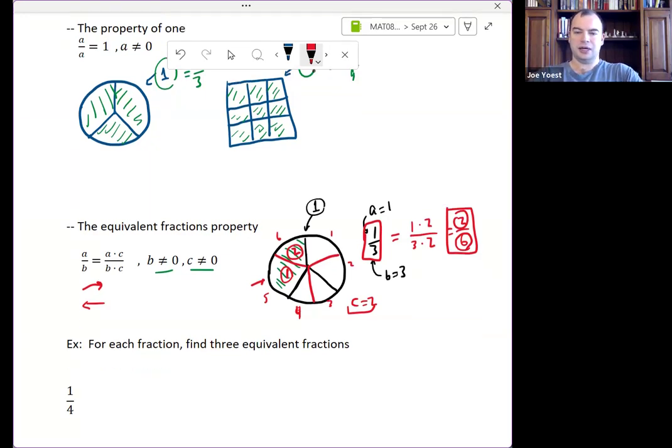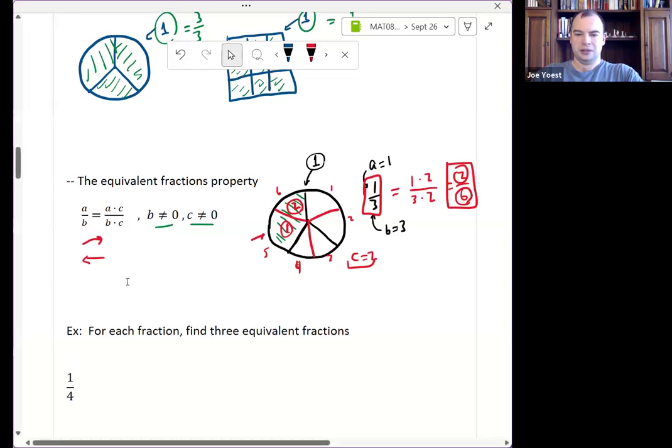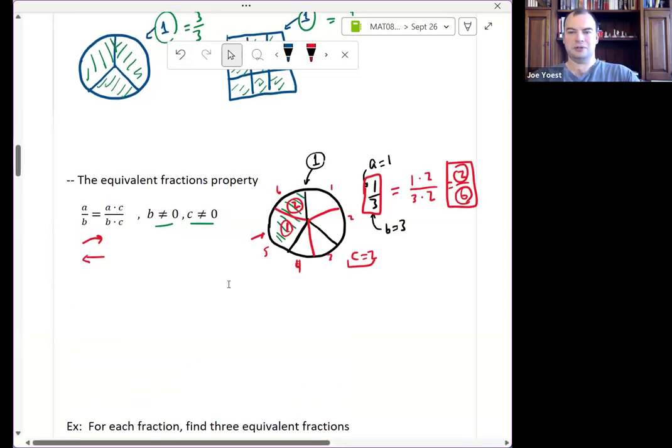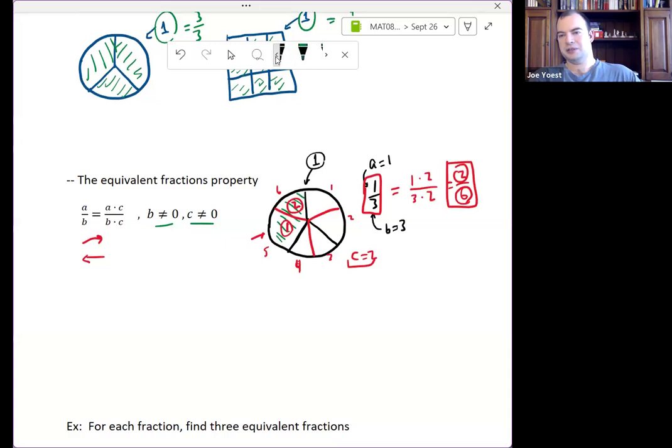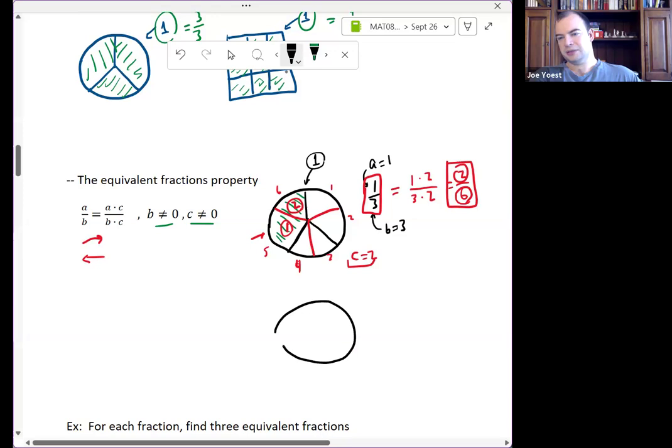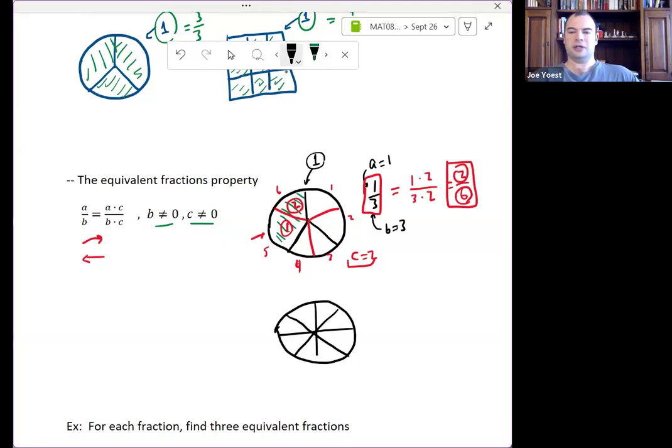Note that we can also go the other direction. Since I've scribbled all over this one, let me just draw a fresh example here. I could go the other direction. Just for the sake of variety, let's say that we have eighths here.